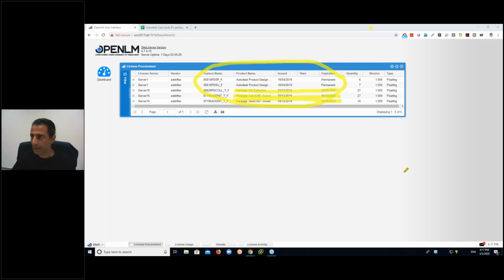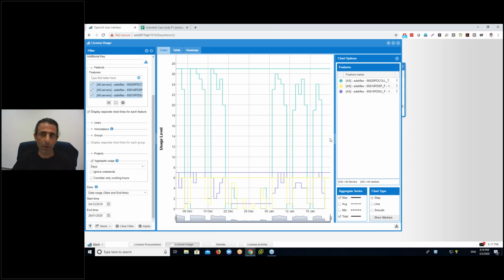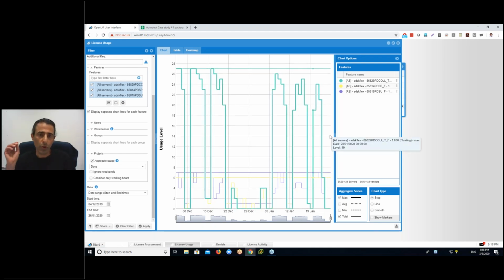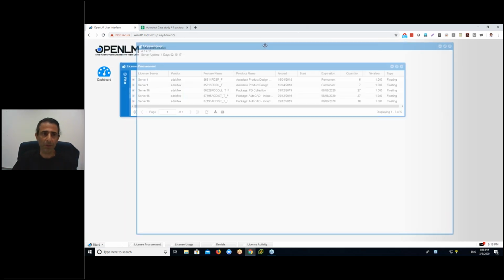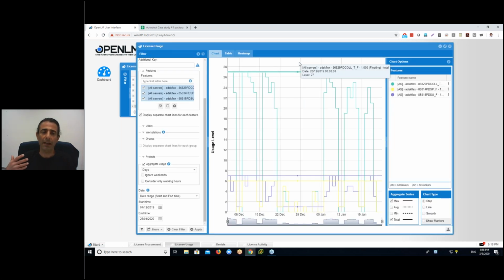So let's clear the drawing and move to license usage. The first thing I would like to demonstrate is that these licenses are utilized in a significant way.